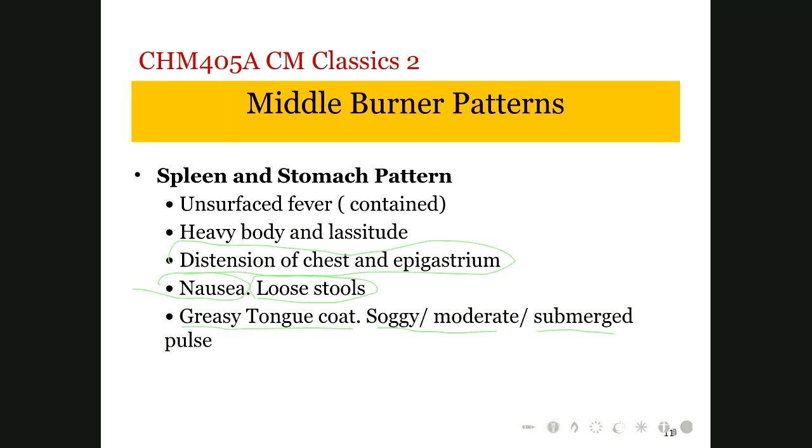So this typical damp heat pathogen resulting in dysfunction of spleen and stomach presents these clinical manifestations. This is quite common in food contamination in the summer, or in people after heavy drinking and overeating at a party, without very strong digestive function as a precursor.